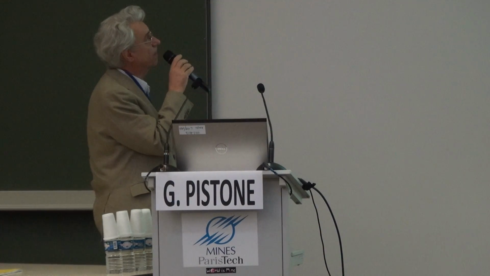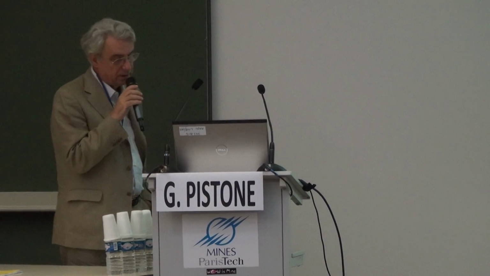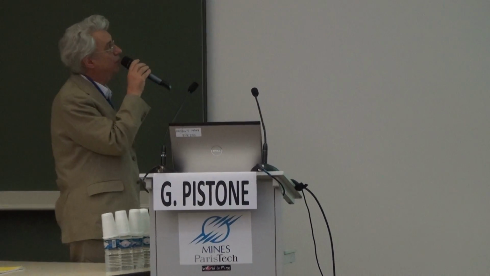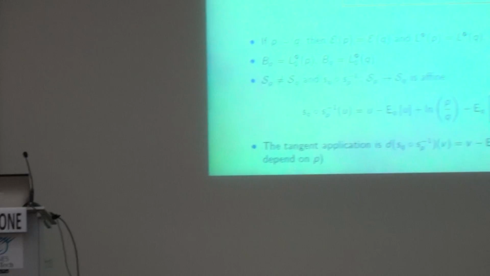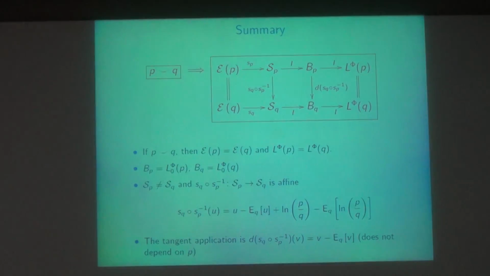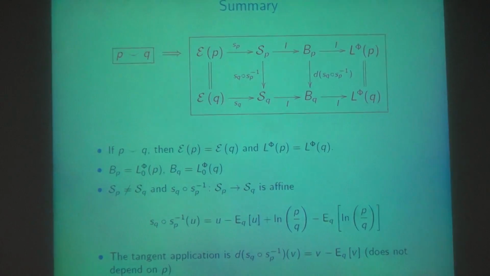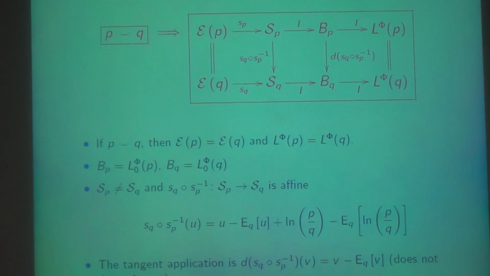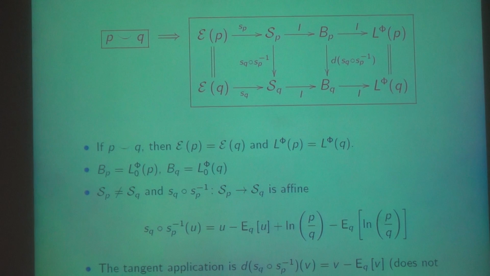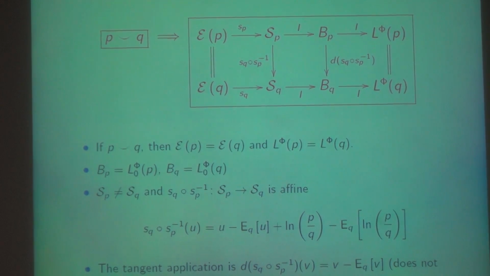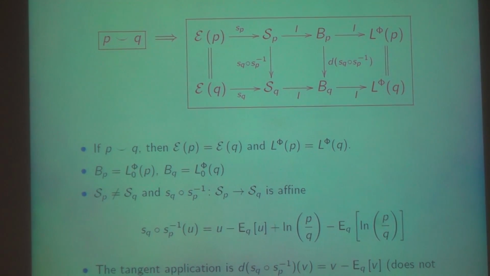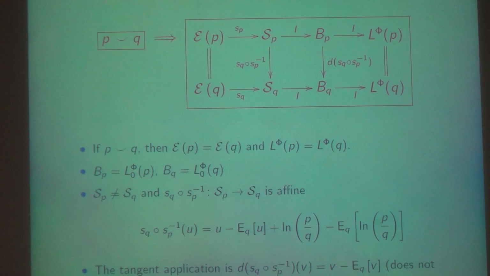So, summary, we have the following situation. If P is connected to Q by an open exponential arc, then the two maximal exponential families are equal. And they are mapped to open sets SP and SQ. And there is a change of coordinates acting from SP to SQ.